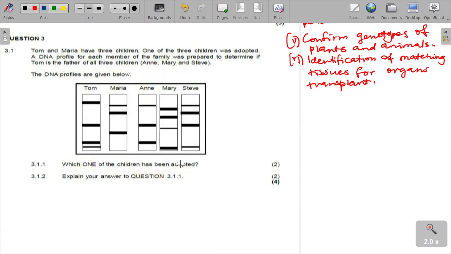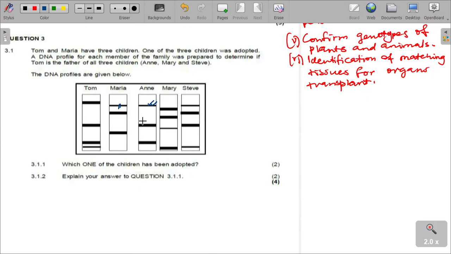So which of the children has been adopted? We have Annie, Mary, and Steve. If you look at Annie's DNA profile, we have this bar here for Mary. We have this bar here, which is also similar to this bar here for Annie.